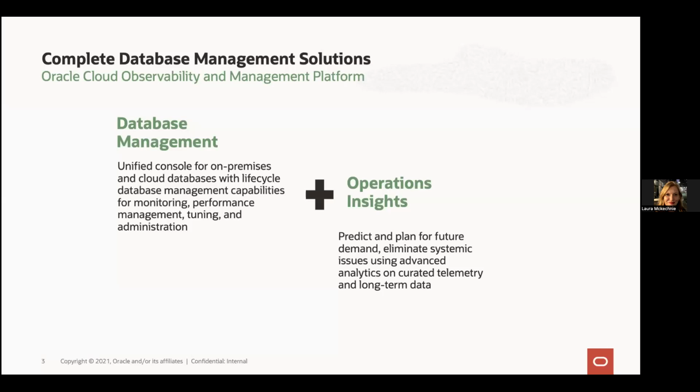For this session, we're mainly focusing on the observability and management platform from a database management and operations insights point of view. We divide this platform into two different cloud native services. One is the database management platform, which provides a unified console for on-premises and cloud databases with lifecycle database management capabilities for monitoring, performance management, tuning, and administration, mainly matching what we historically had in Oracle Enterprise Manager.